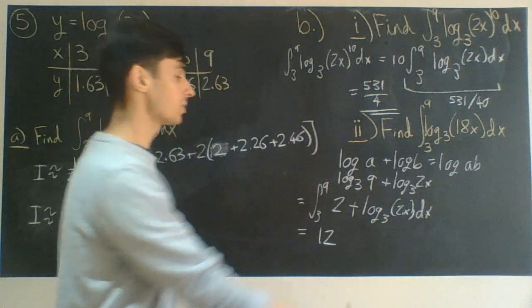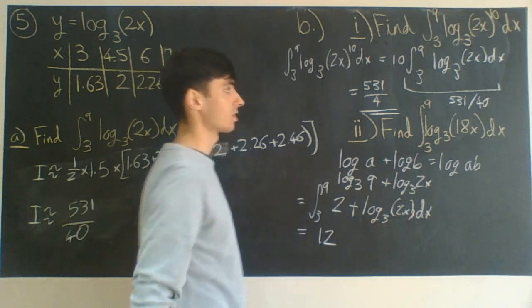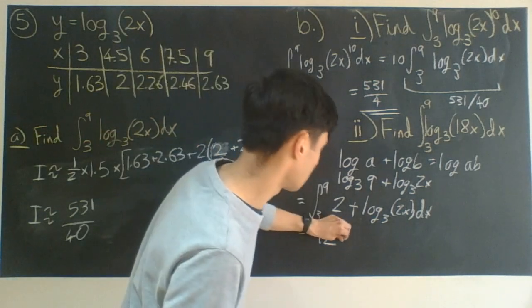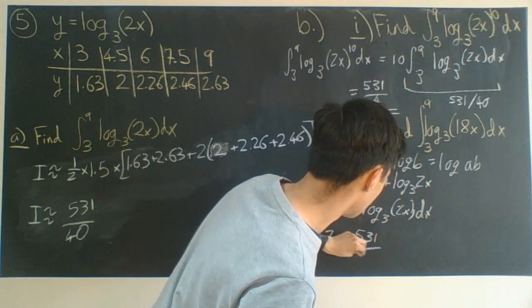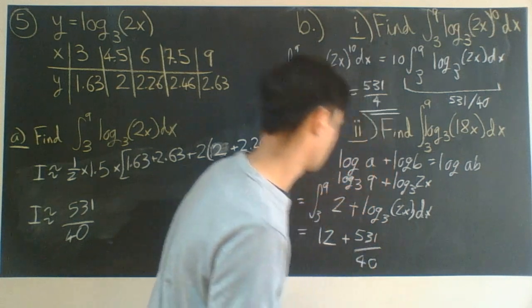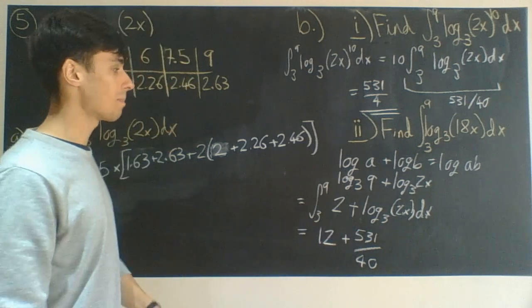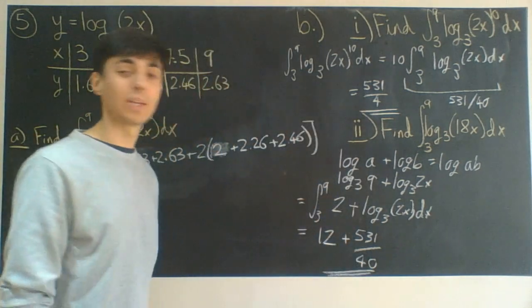We already know this one from earlier as well, don't we? Log 3 of 2x dx gives us our 531 over 40. Plus 531 over 40. At this point, we could combine those into one number, but that again is just something you can do on your calculator. So I'll leave that bit to you.